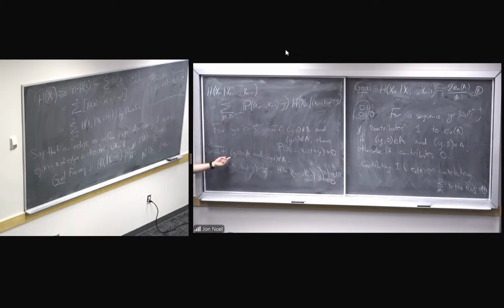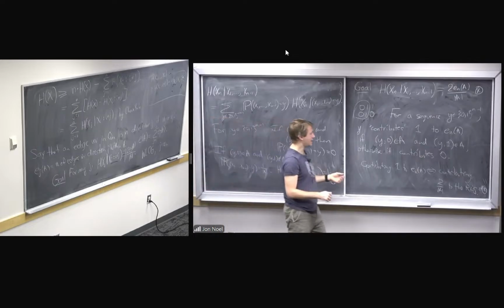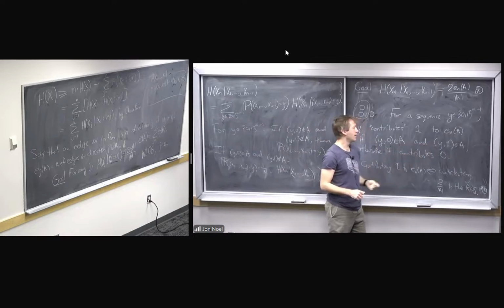So in this case, it also contributes 0 to the sum. The same thing holds if I switch it around and say y comma 0 is not in A and y1 is in A. Any of these cases don't contribute anything. So the only thing that can contribute anything is when both of these things are in A.